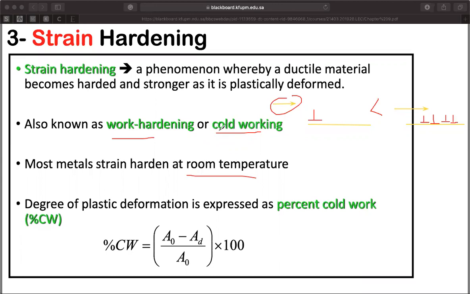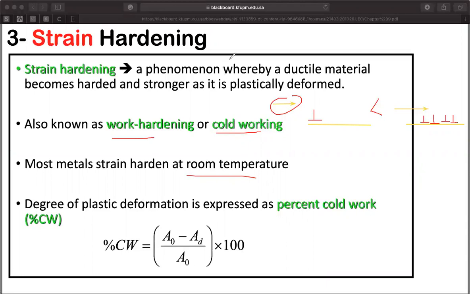So cold working, work hardening, strain hardening, they refer to the same thing, which is you plastically deform the material, and by doing so, you are increasing the density of dislocations, and as a consequence, you increase the restriction in front of dislocations, and you're going to prevent more and more plastic deformation, and the result is you need higher stresses from outside in order to plastically deform the material.